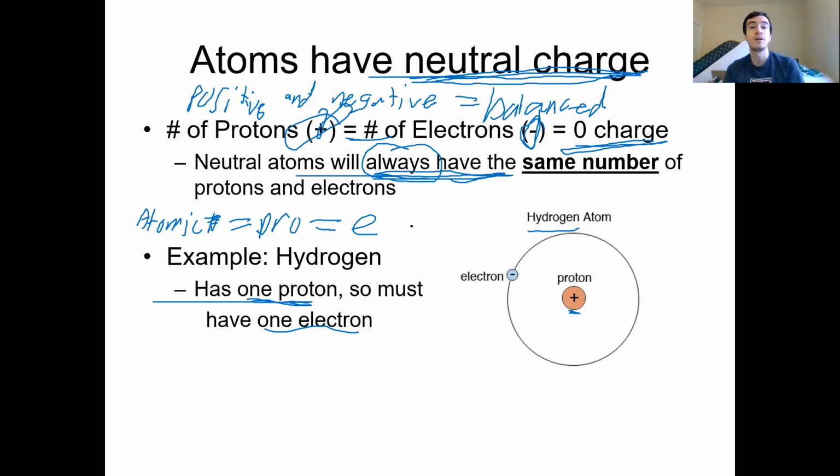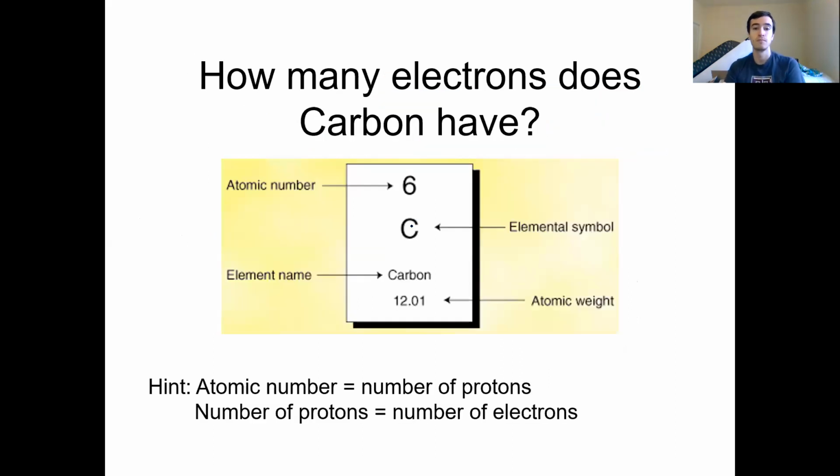So the atomic number, the number of protons, and the number of electrons should always be the same. All right, now I want you to try and figure out how many electrons carbon has. I'll give you a few seconds to think about it, and then we'll walk through it. So remember, the atomic number is the number of protons, and the number of protons is the number of electrons.